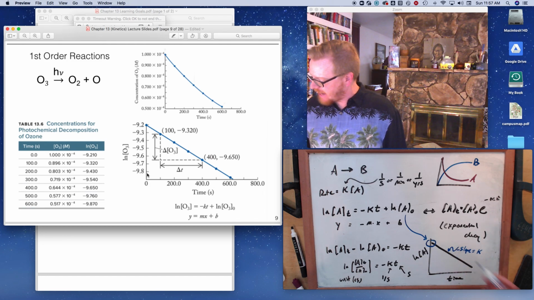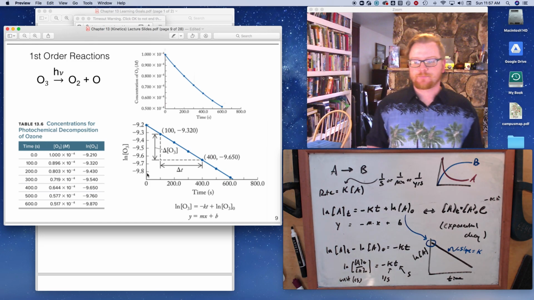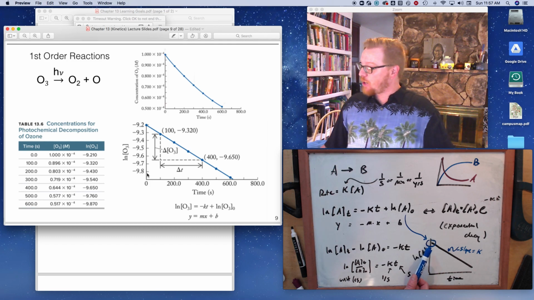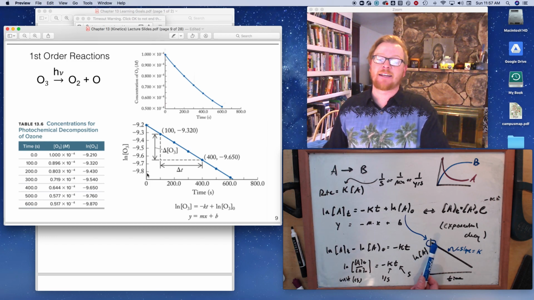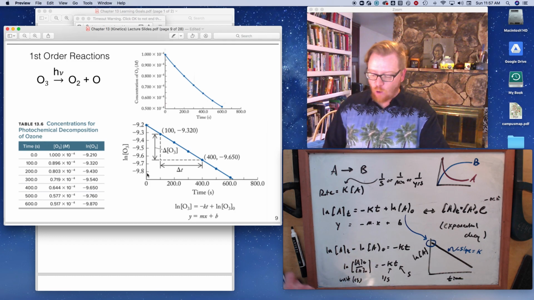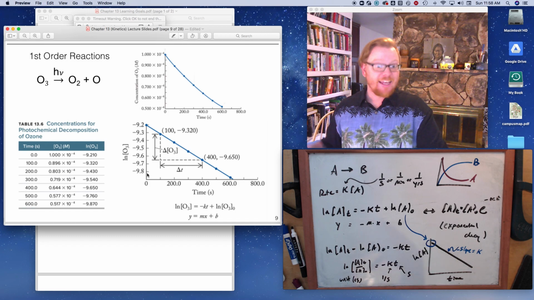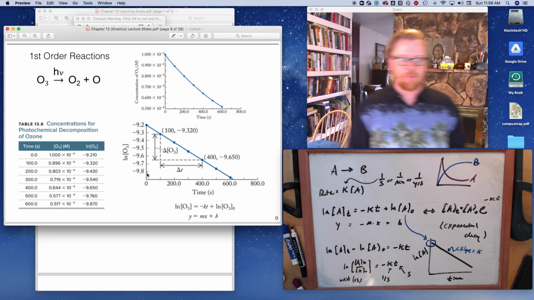So technically it's negative slope equals k. So that's really cool, right? This actually shows us the rate constant acting as a constant. Now this will only be the case in a first order reaction. So for example, if you plot natural log of concentration versus time and it doesn't give you a straight line, it's not a first order reaction. And I'll show you an example of that momentarily.